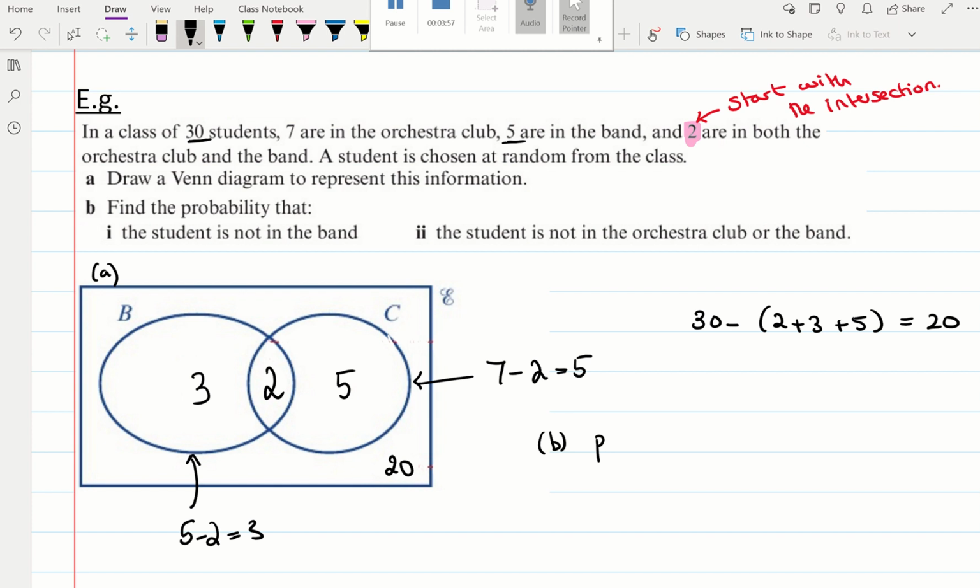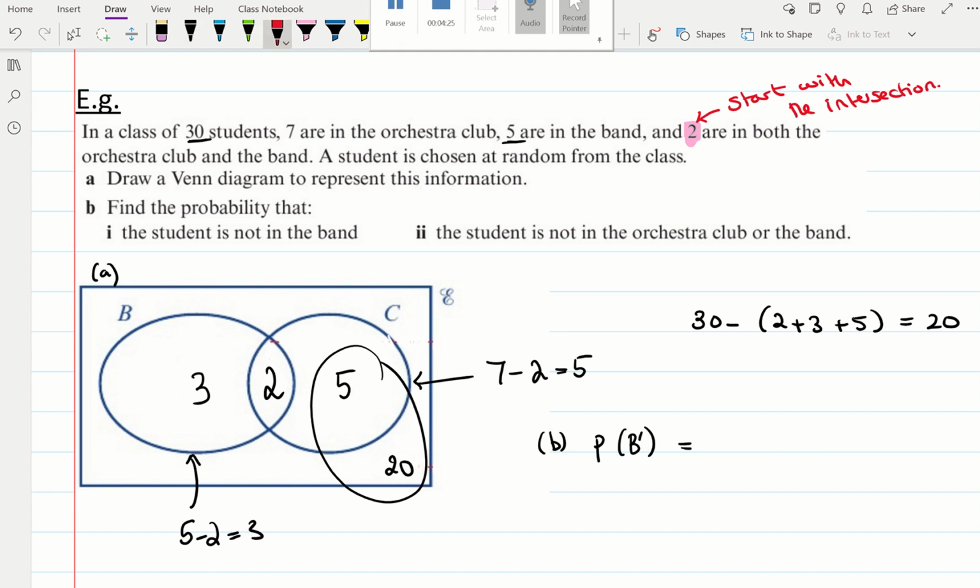Once I've managed to do A, I have a look at B. Find the probability that the student is not in band, so not in B. Well, you can do 1 minus 3 plus 2 out of 30 if you want, but this is such an easy question that I would simply look.